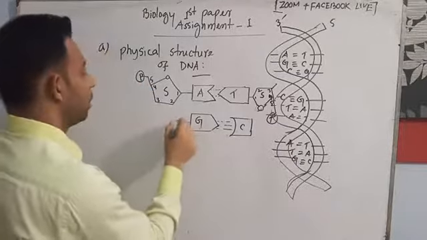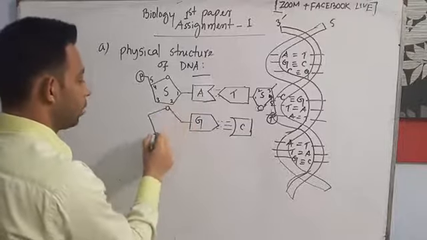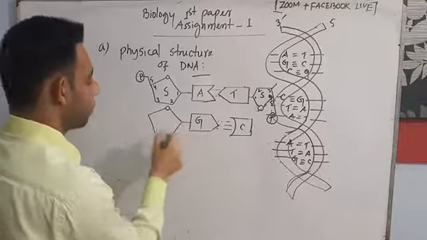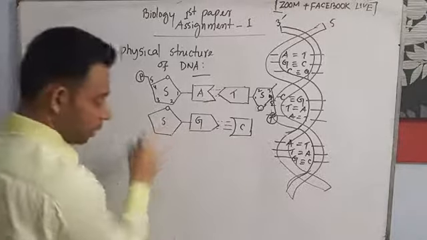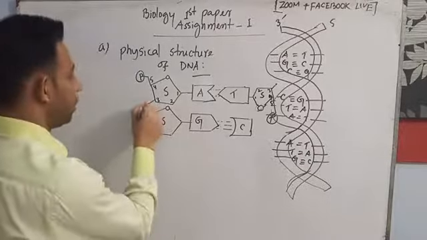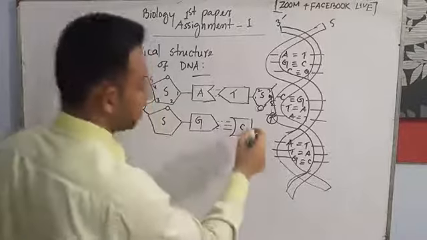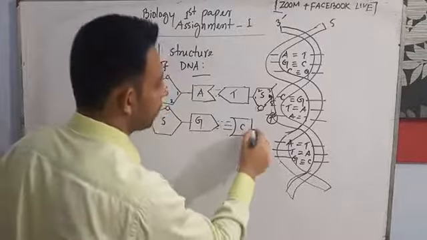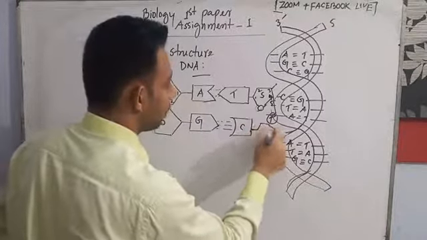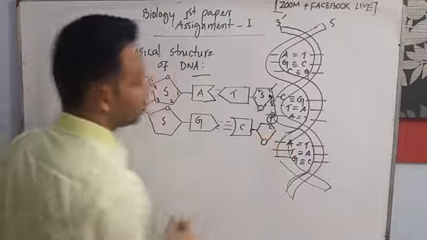That means each and every figure will be the same. Sugar, the same way you can make sure, and from that part to that part there is a phosphate connecting, and from there also the same figure. On the right side, when I draw it, it looks like this because of a small space.